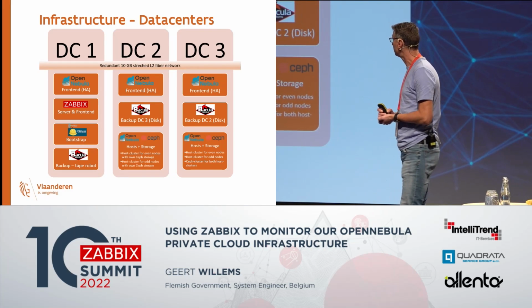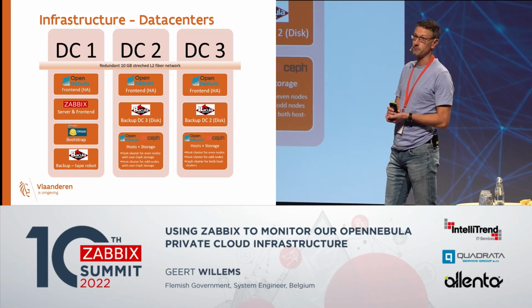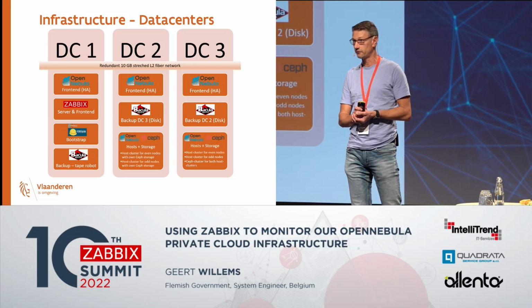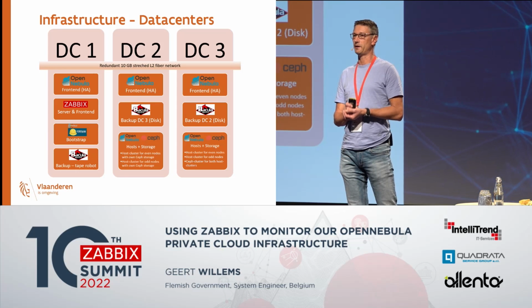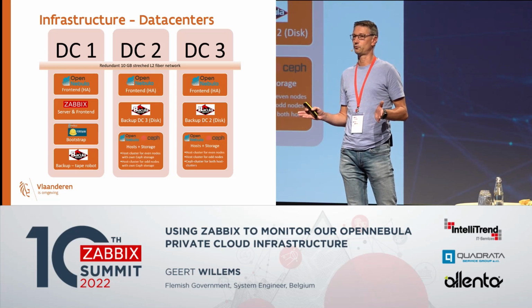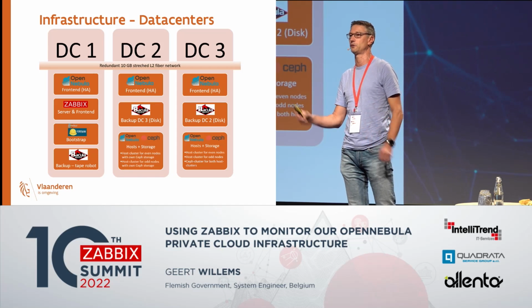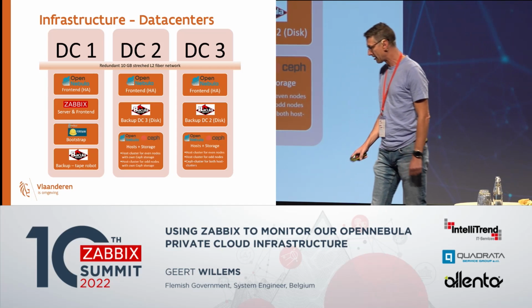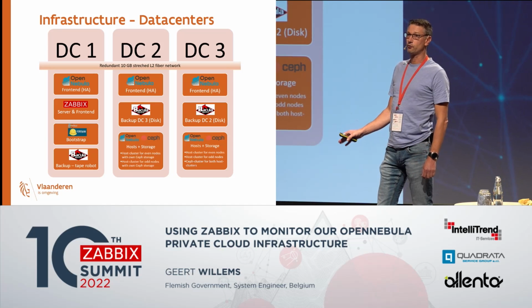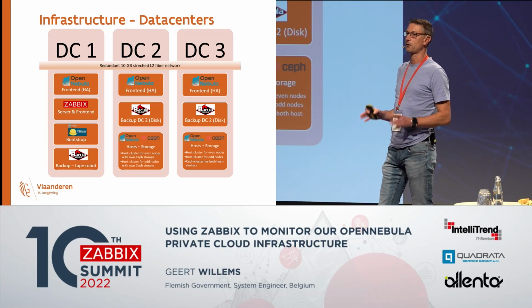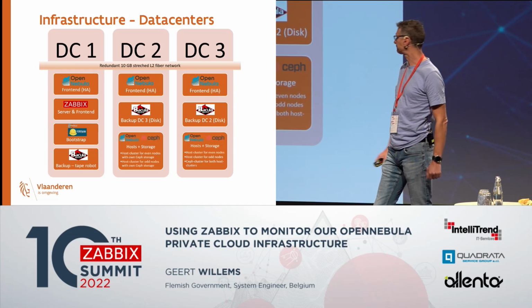In data center 2, we have our OpenNebula hypervisors for the production environment, and they are spread over 2 OpenNebula clusters, one for the even nodes and the other one for the odd nodes. Each of those host clusters is using its own Ceph cluster.